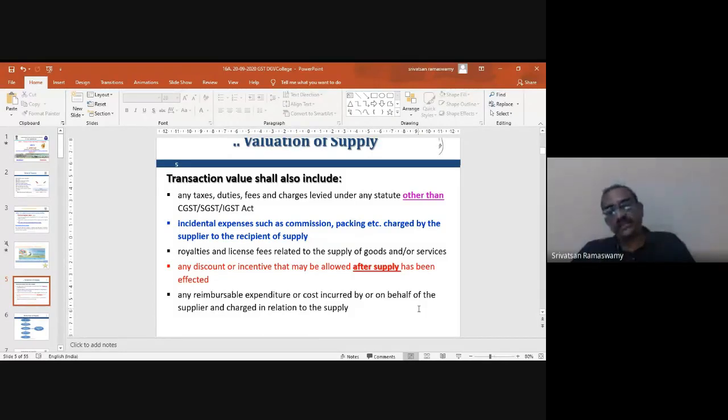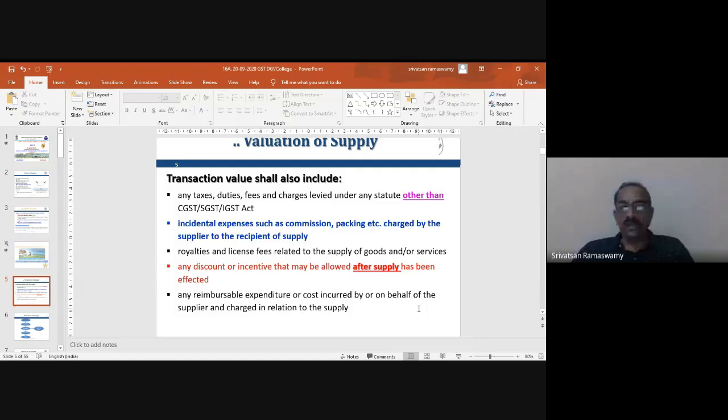Now the second situation is that I am again supplying goods worth 1 lakh rupees. I have supplied it. He has also received the goods. After receiving the goods, probably he engages in a conversation with me and requests a discount of 10%. And if and only if I extend a discount of 10%, he will continue business with me. After a protracted discussion with him, I agree to extend him that 10% discount. Now the supply is already over. I agree to extend this discount to him after the supply is over.